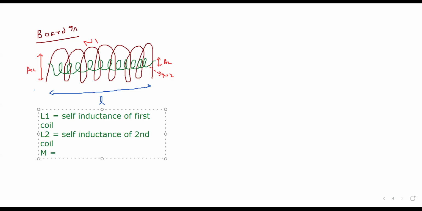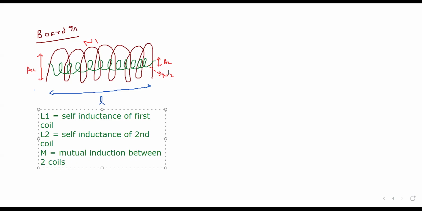M is the mutual induction between the two coils. So we have to prove that M is less than root of L1 into L2.